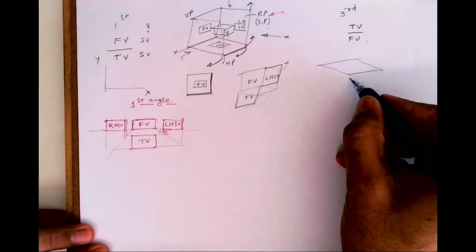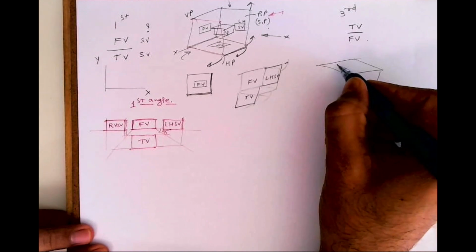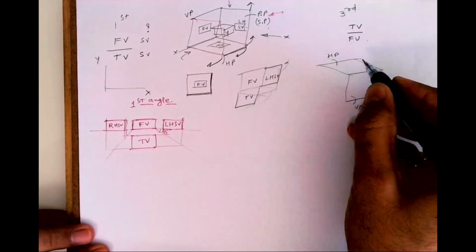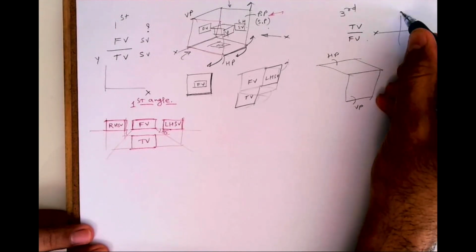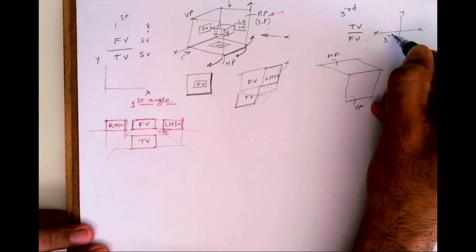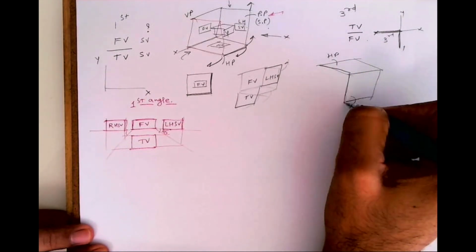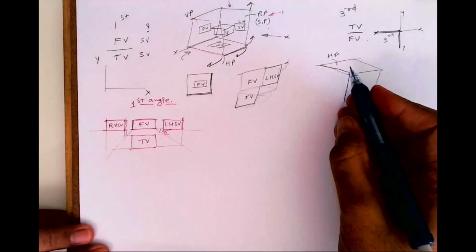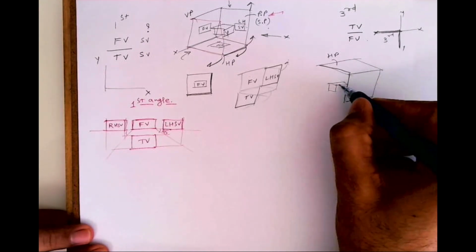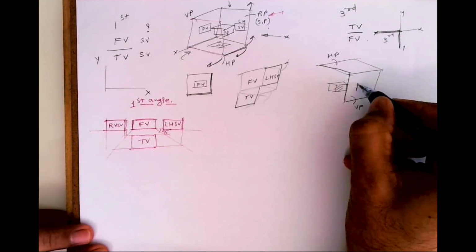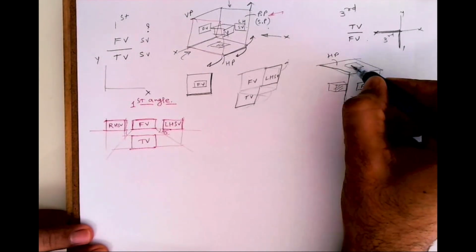Now for third quadrant, we know HP and VP is like this. This is vertical plane and this is horizontal plane. See, this quadrant, third quadrant. So we'll keep an object over here. When you see from the front, it will be this way. Top, it will be this way.